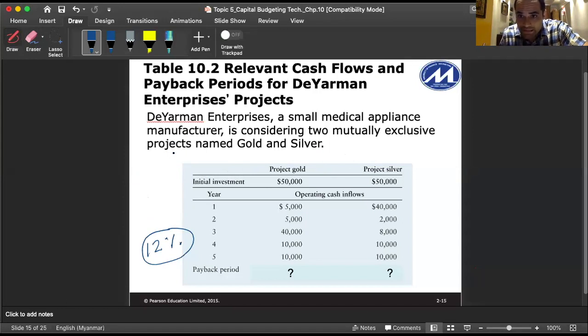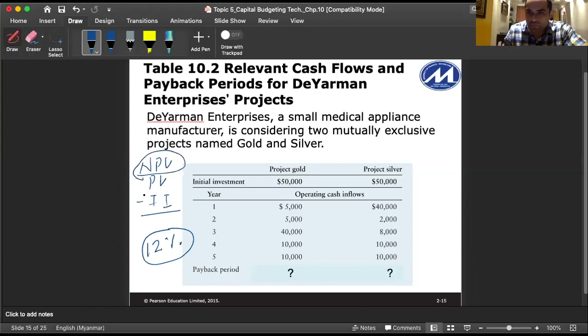No, you have to calculate net present value, not just present value. Calculate NPV, which means PV minus initial investment. That's what you have to calculate.